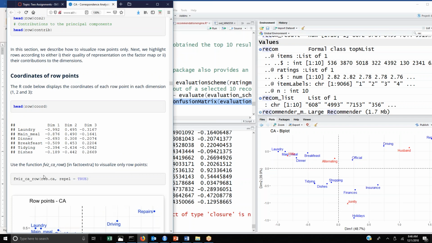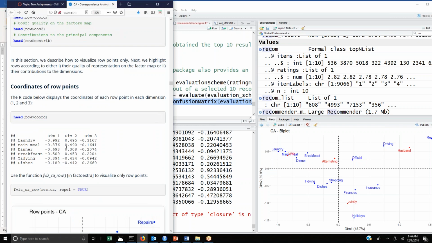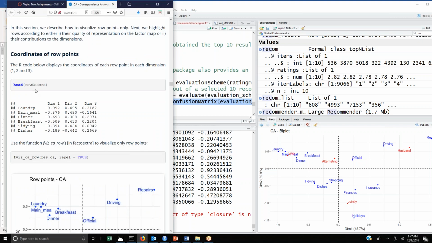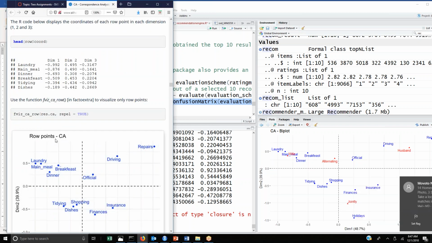Now, I do the singular value decomposition and start working with the row data alone. Row reduction only, the dimension reduction on the row side only. I'm going to work on that first. That's what this is all about. Are you with me? Up to this is fine. And I plot that.